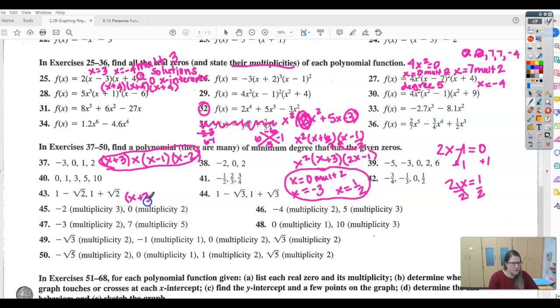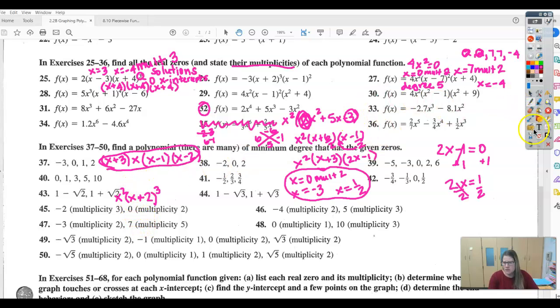So for -2, the factor would be x plus 2. But then the next part of that question is saying that the multiplicity is 3, so I know that that one would have to be cubed. Same thing for 0. If it's 0, I know there's going to be an x out here, and since it's multiplicity 2, it would be squared.